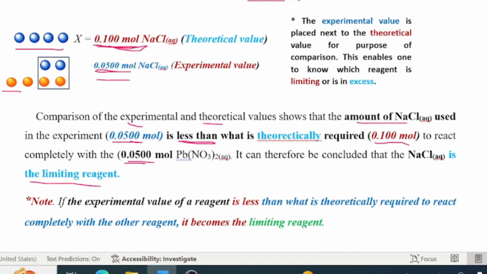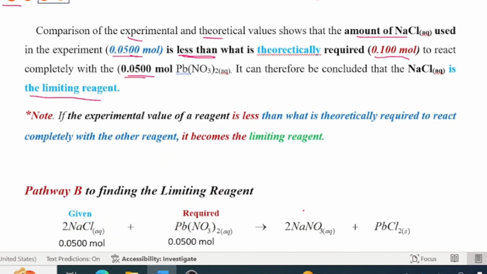So note this then. If the experimental value of a reagent we're using in the experiment is less than what is theoretically required to react with the other reagent, it becomes the limiting reagent.